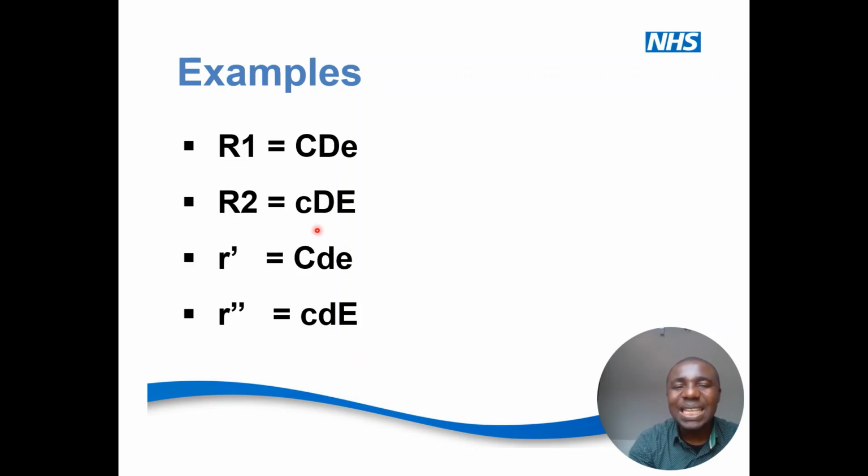This one means it has big C antigen positive, it does not have D antigen, but it has little e antigen positive. This one means that it has little c antigen positive, it has D antigen positive, it has big E antigen positive. This one means that it has big C antigen positive, D antigen positive, and little e antigen positive. That's just what it means, okay?